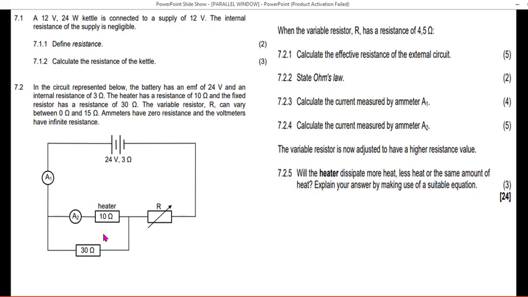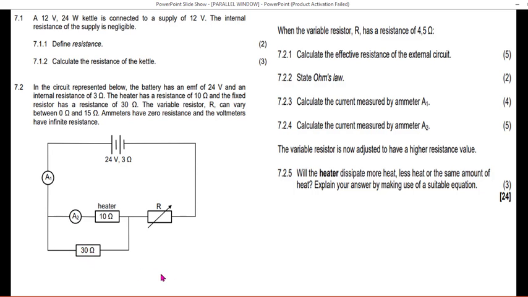So the total proportion here will be 10 plus 30, which is 40. These two resistors will divide the total current into 40 parts, and one of them will take 30 parts, and the other one will take 10 parts. The higher resistance path will take only 10 parts, and the low resistance path, which is the path of the heater, will take 30 parts of the 40.